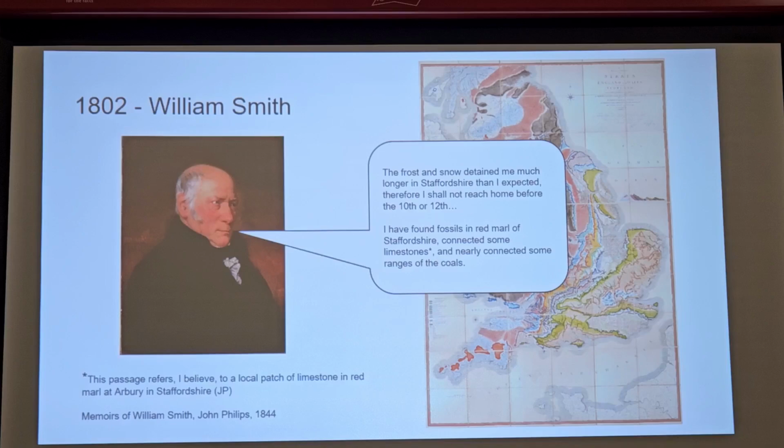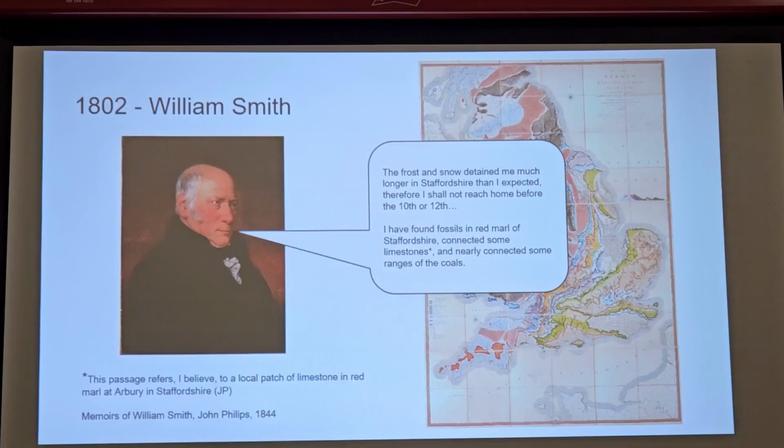Now, a lot of what Smith had to say is recorded in John Phillips's biography of Smith. John Phillips was William Smith's nephew, and from a very young age he accompanied Smith on many and most of his journeys, and then wrote the biography of Smith.